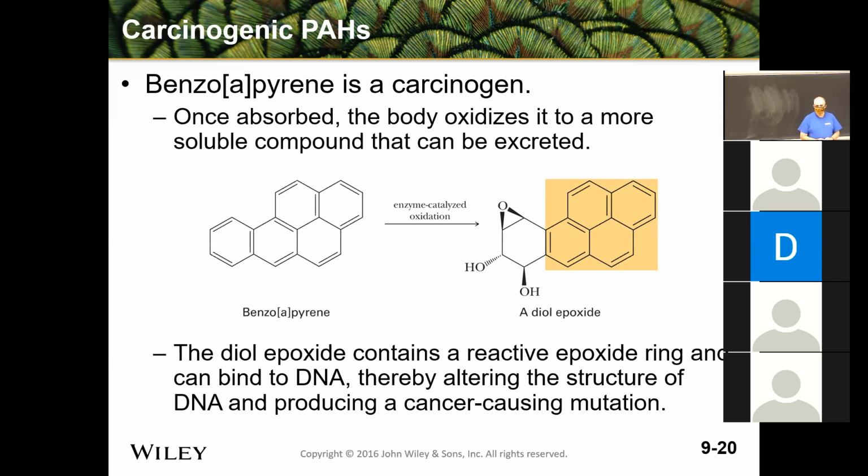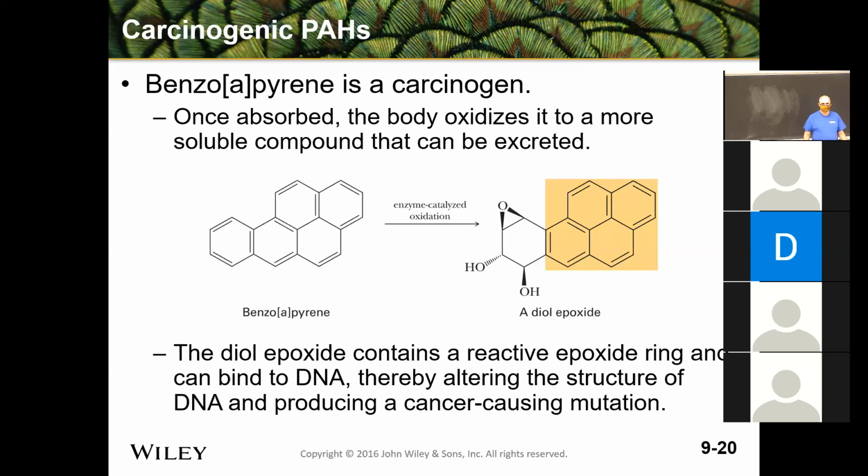So benzo-A-pyrene is a component of soot, and especially cigarette smoke. This is one of the main carcinogens in cigarette smoke.